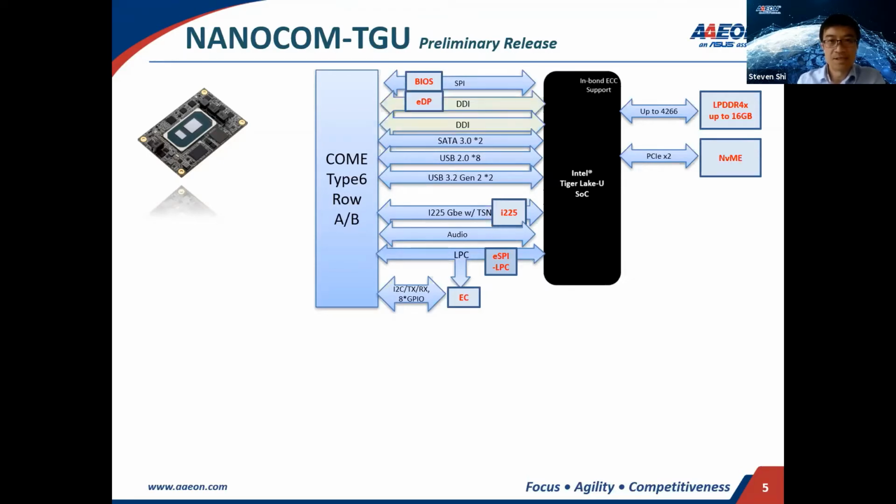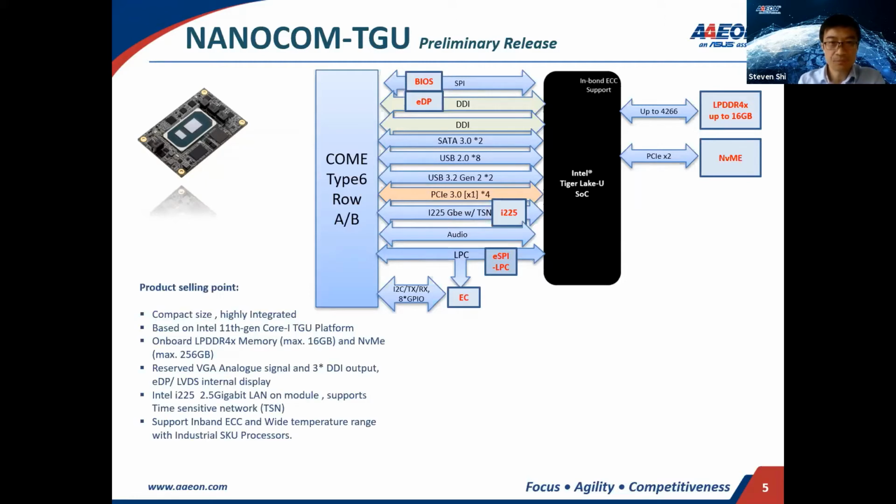For the display, due to the space restriction, we only offer 2 display interfaces: one eDP for internal display connection, and 1 DDI for external digital video output. For the expansion, also due to the space restriction, the Type-10 module has 1 PCI Express x4 interface reserved. For the selling point, it's the same.